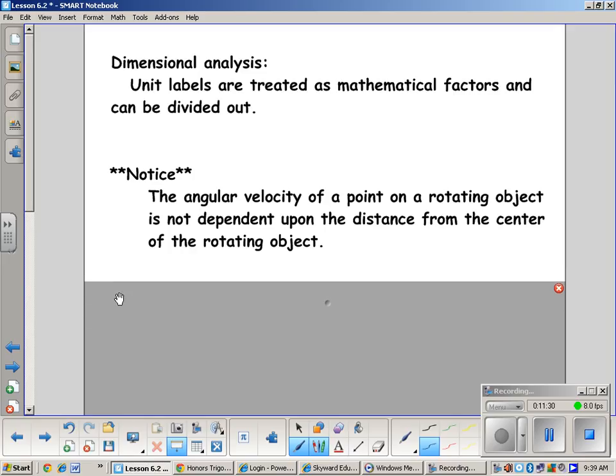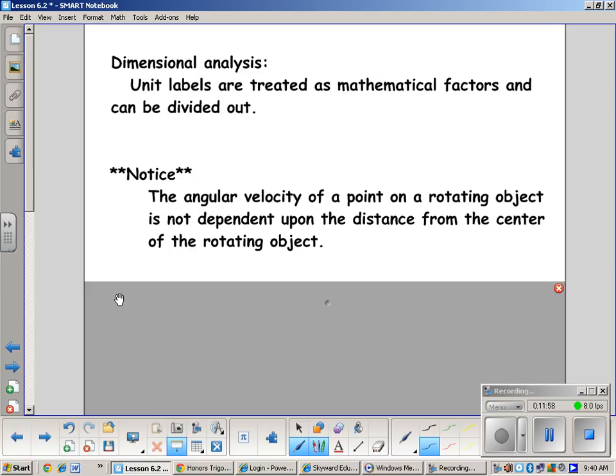Note, the angular velocity of a point on a rotating object is not dependent upon the distance from the center of the rotating object. It means it doesn't matter how big your wheel is, whether it's a little pulley wheel on your garage door or it's your 26-inch bicycle wheel.